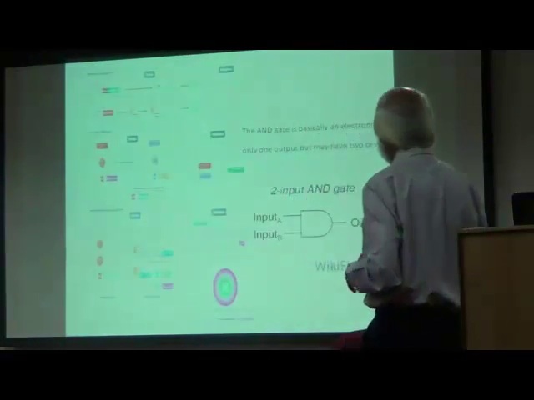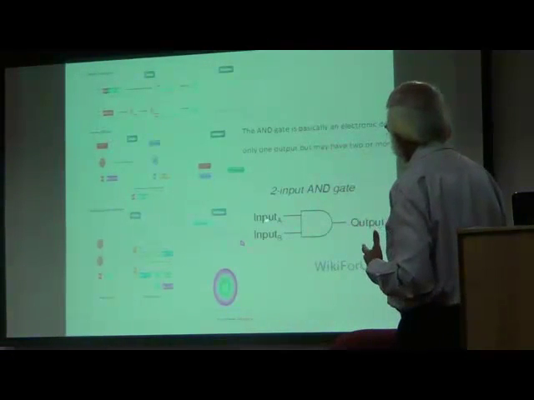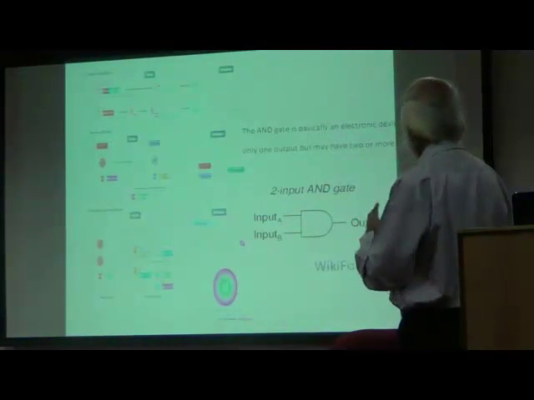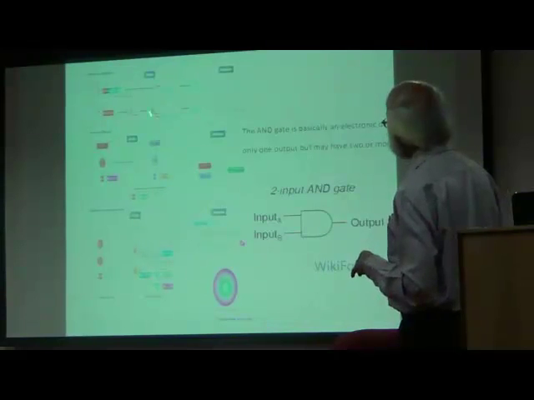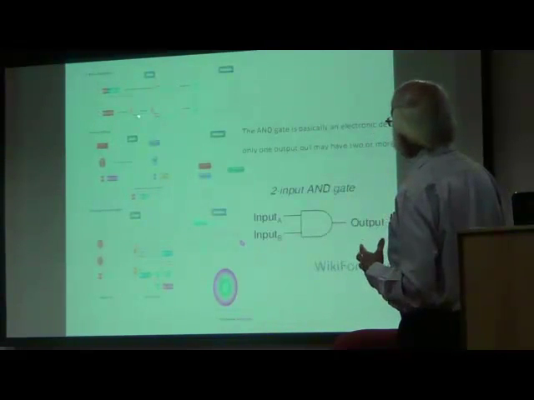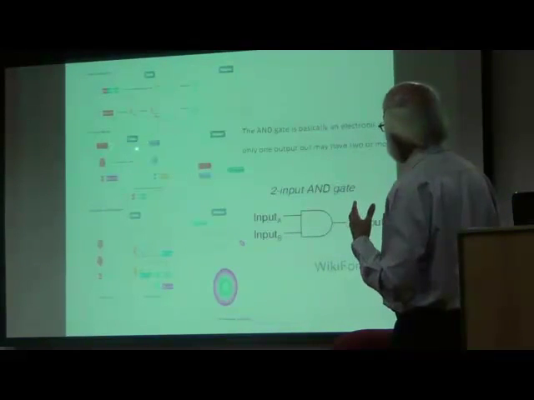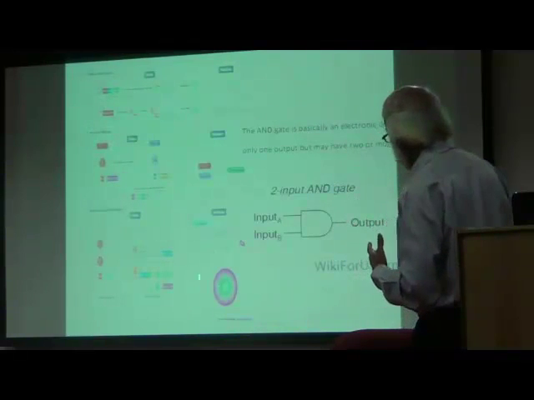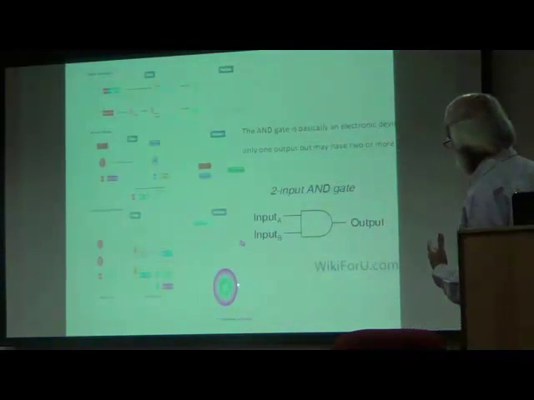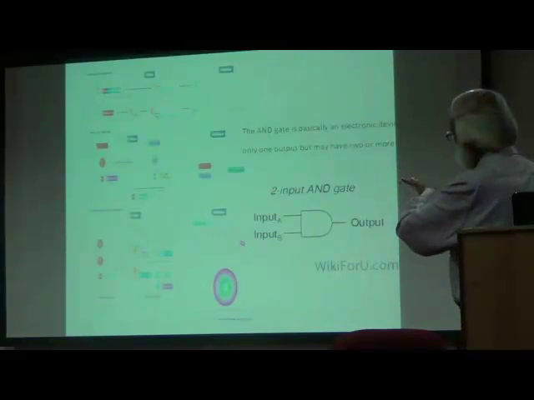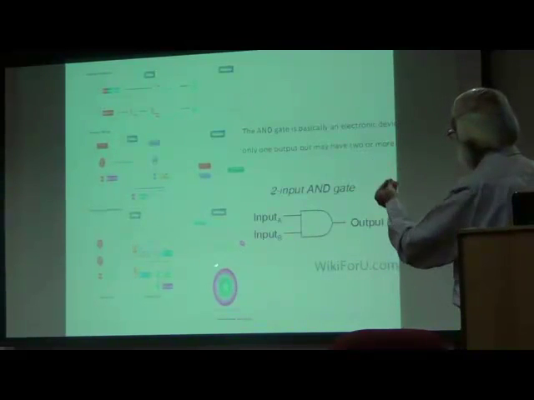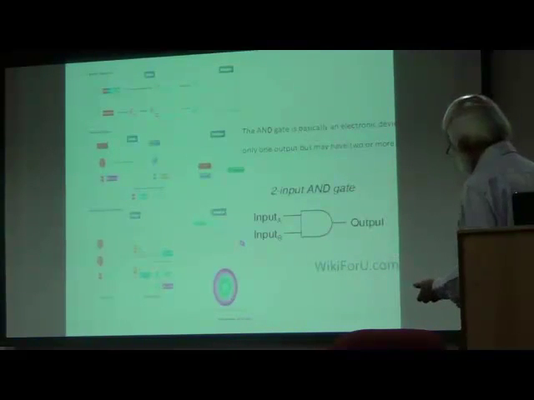I hope you are able to see this AND gate, for example. Input A, input B, then the single output. And these are examples, very many examples where one switch, two switch, three switch, four switch, and you can get patterns like this. Depending on the reporter, if the green fluorescence or the red fluorescence, you can have beautiful patterns like this.